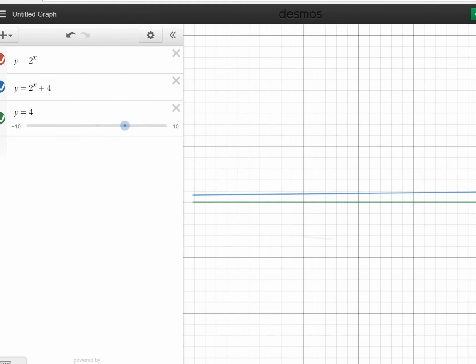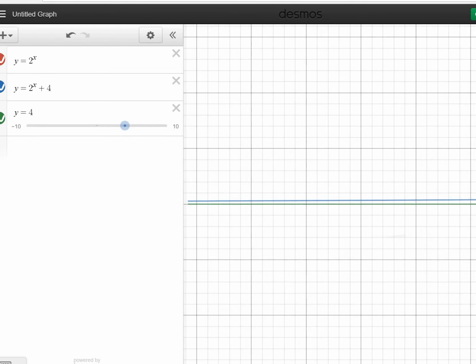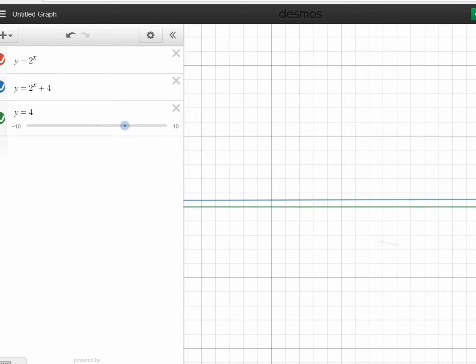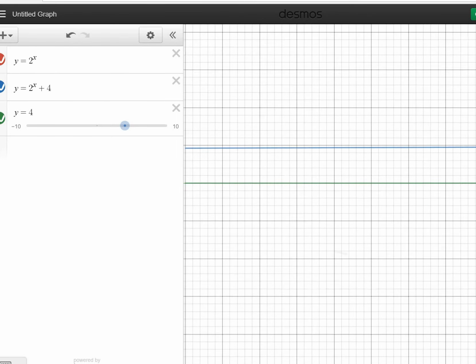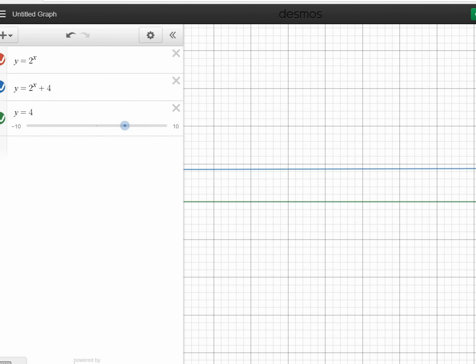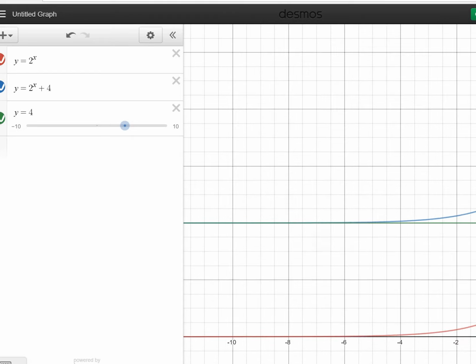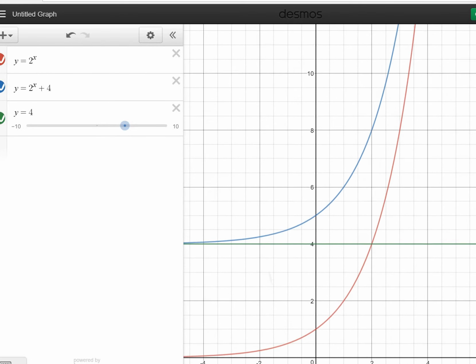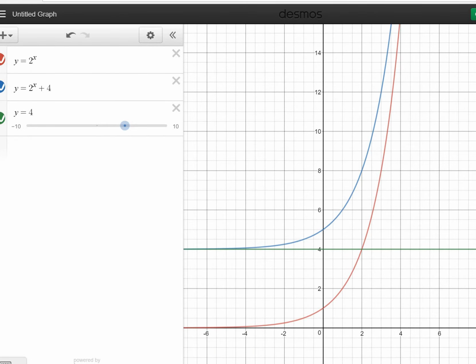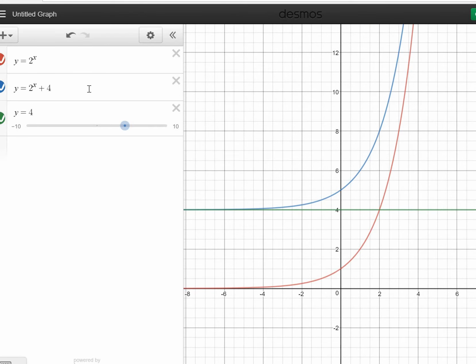As we go down further and further towards negative infinity, it gets closer and closer, but never actually touches, the gap between them always getting smaller and smaller. Right, we'll zoom back out. So if we translate a graph by adding on or subtracting some number, it's important to note that the asymptote moves with the graph as well.